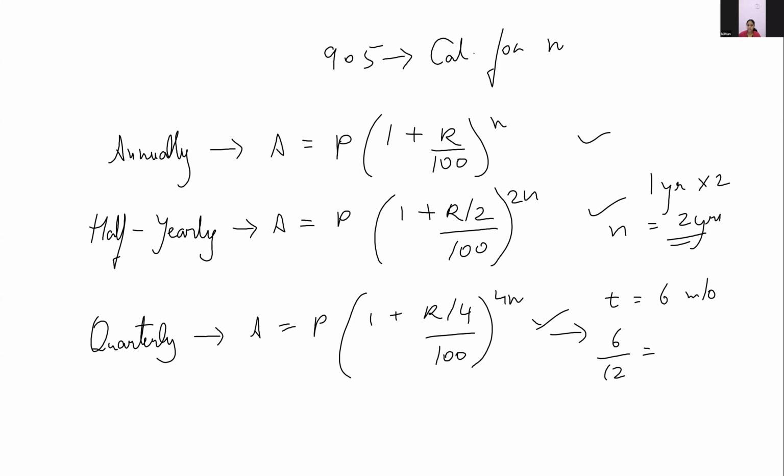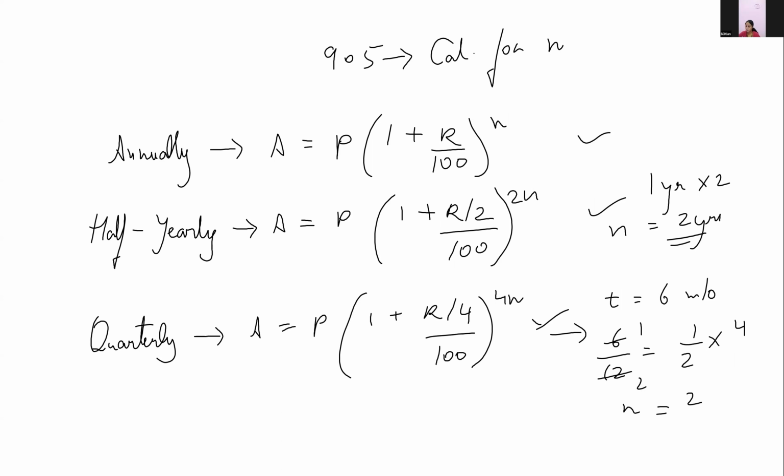What will we get? 6 by 12 is 1 upon 2, that is 0.5. Then 0.5 into 4, so we will get 2. All right, this is how we solve it. n will be 2. So, ma'am, then I will do 2 multiplied by 4, right?